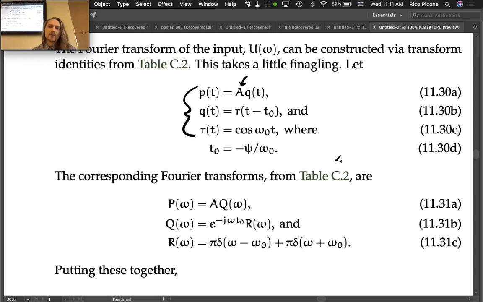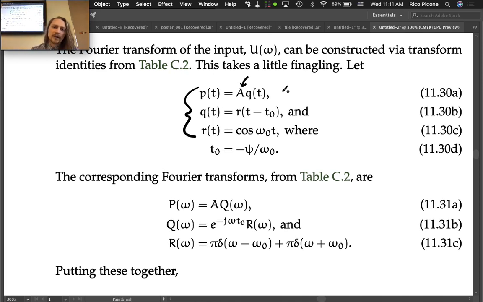All right, so the corresponding Fourier transforms are as follows. So the first one, 1: the Fourier transform of P is just the Fourier transform of Q times A. Remember, the Fourier transform is an integral, right? So it has that property that if you have a constant inside of the integrand, you can pull it outside of the integral.